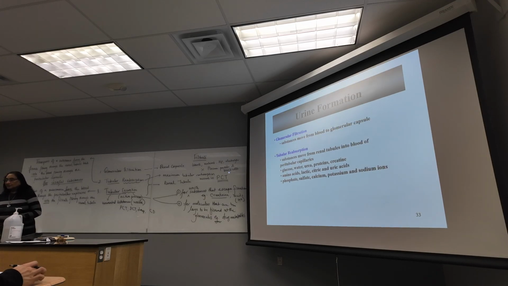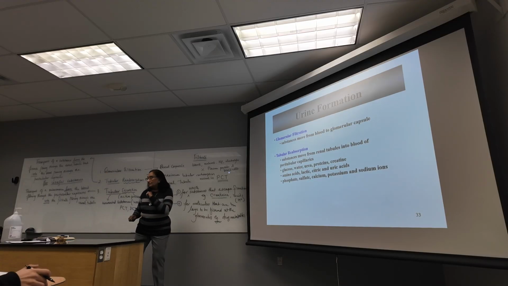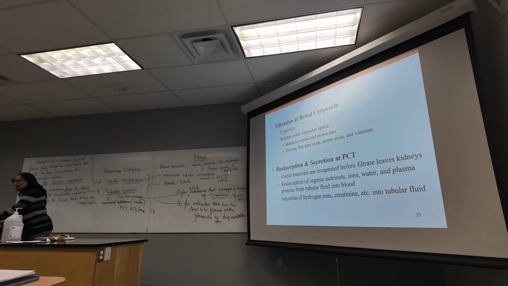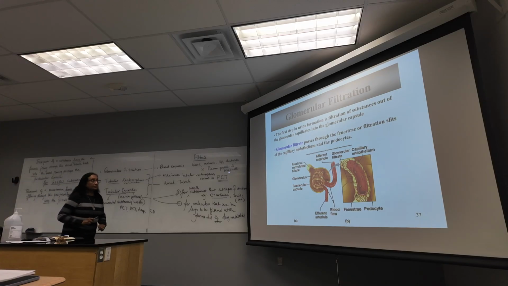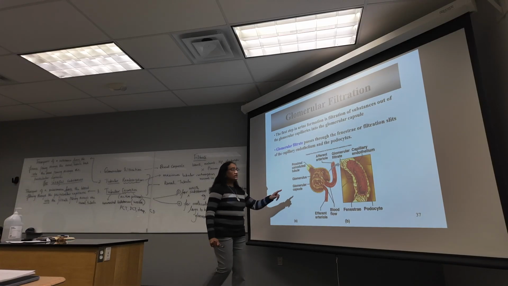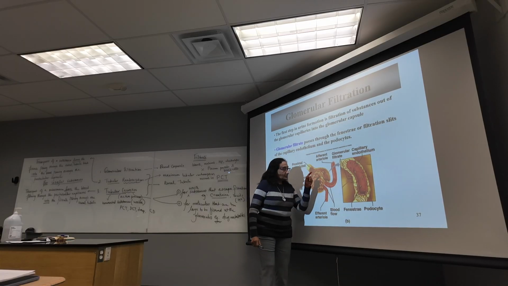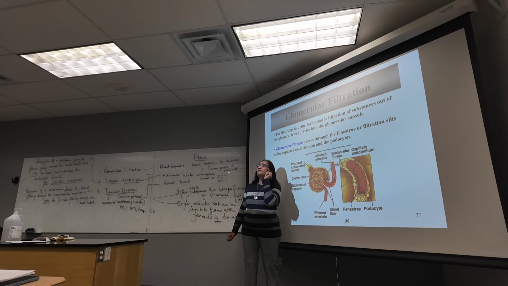Glomerular filtration, as I've already mentioned, happens in the first part. It is actually a very simplified process, because the membrane through which the substances have to filter out is very, very thin.